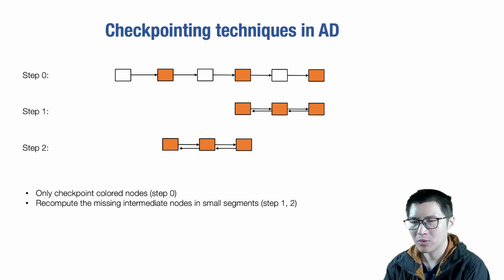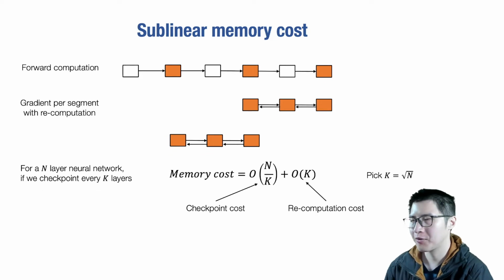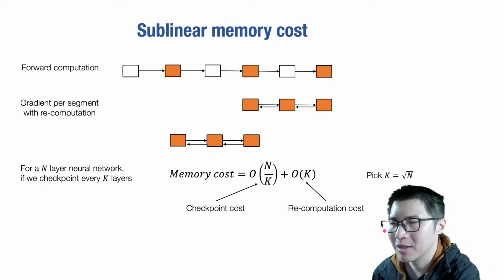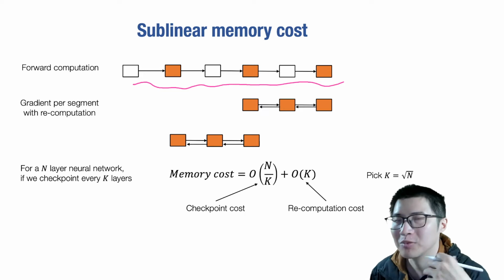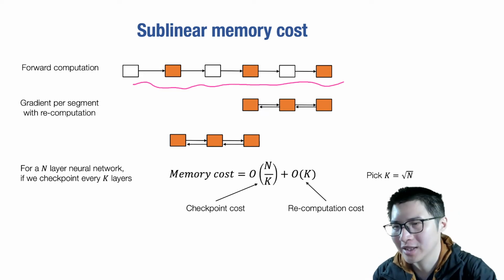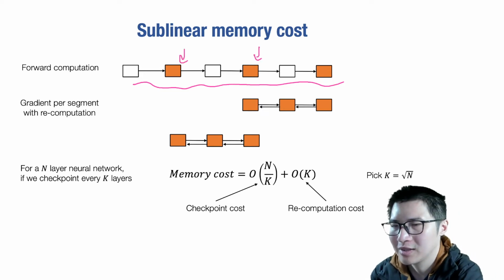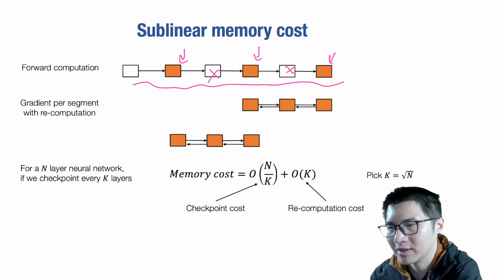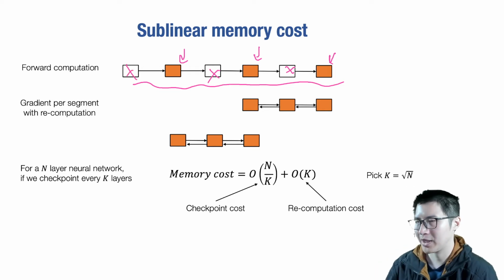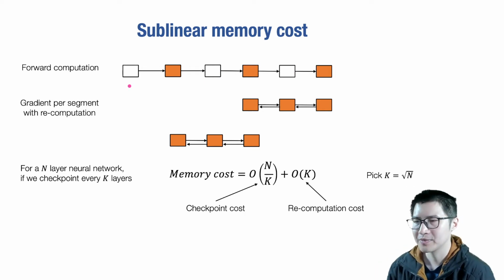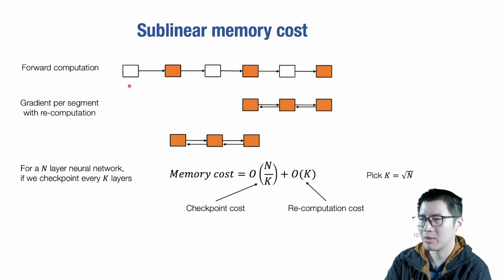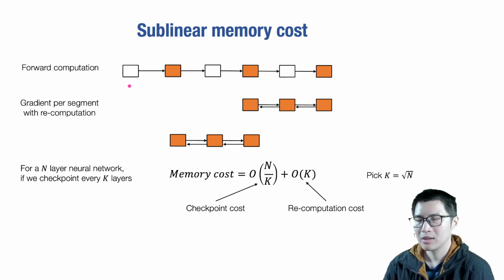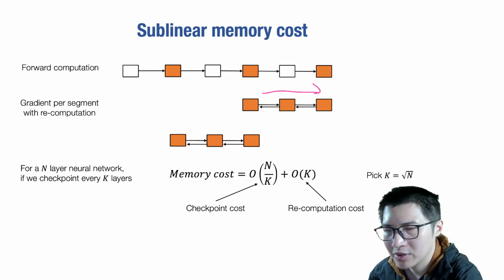So one thing that we might want to note is that, first of all, in the forward computation, of course, it costs less memory because we only remember the colored nodes here. So you don't have to allocate memory for those empty boxes. Of course, we are going to save memory in the forward computation part. Then there's also a question about the gradient computation here, right?